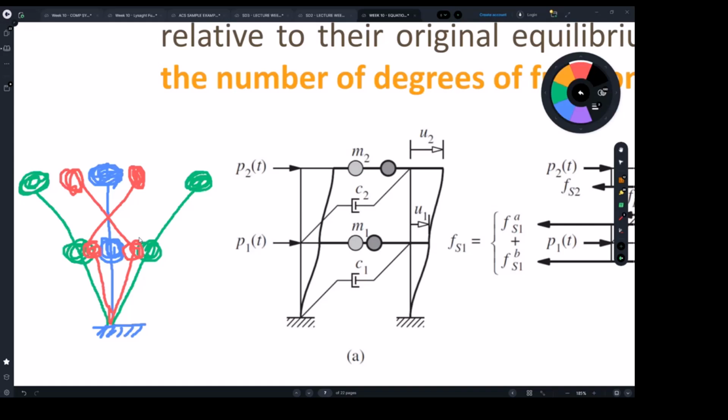So that means the time period will be quite longer. So the time period for the green mode shape will be higher than the time period for the red shape. The red shape will take shorter time to finish the vibration in terms of a cycle.